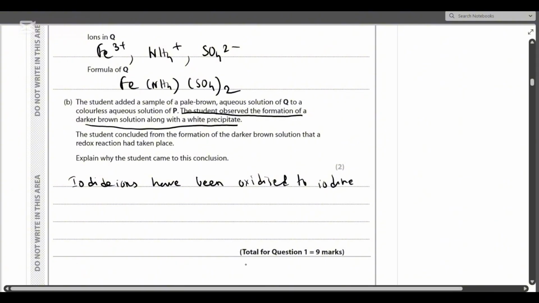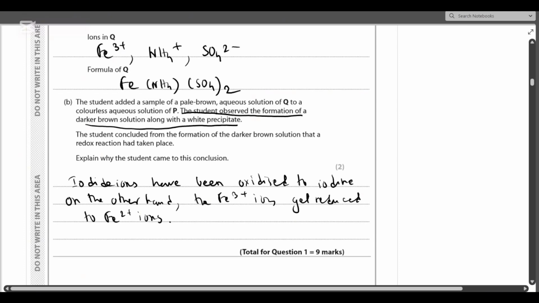While on the other hand, since the redox reaction has taken place, our common sense says the Fe3+ ions present in the solution of Q must have been reduced, because we know that in a redox reaction both oxidation and reduction take place. So on the other hand, the Fe3+ ions get reduced to Fe2+ ions.